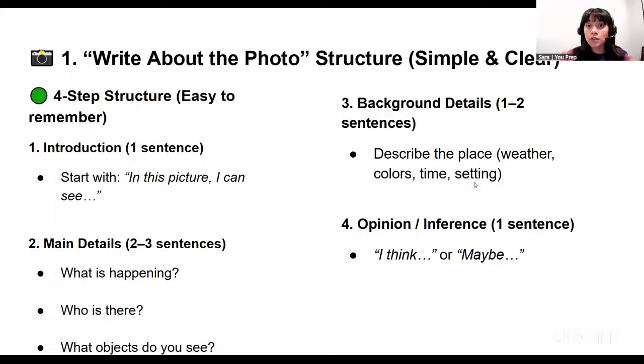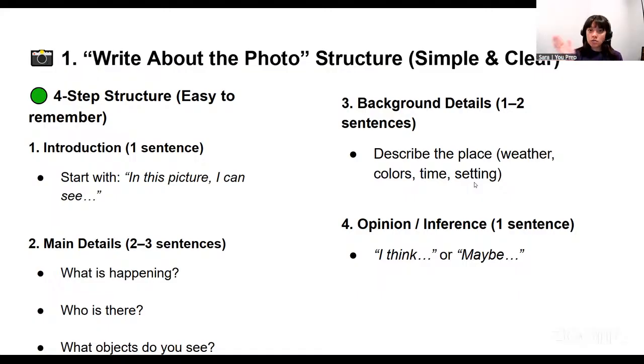All these little details we can see in the picture. And the last is the inference. What do you think? I think this picture was taken early in the morning, for example, or maybe this couple is going on a date. Another example.